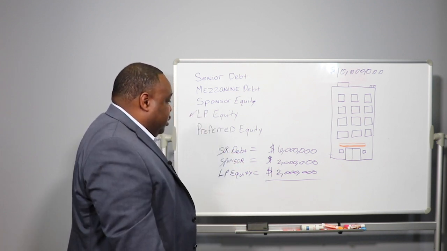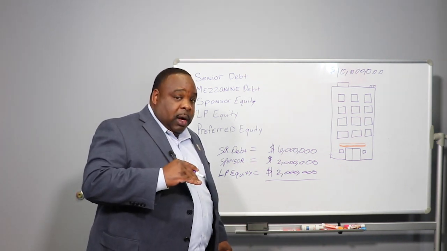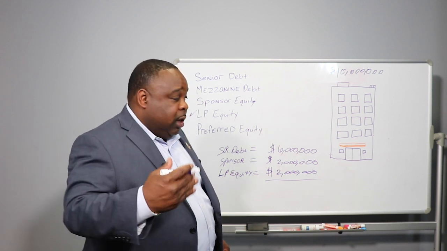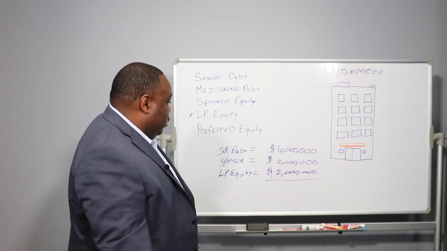And then once certain targets are met, that preferred investor will be paid a promote. They will gain a certain piece of the equity of that project based on how that's structured.